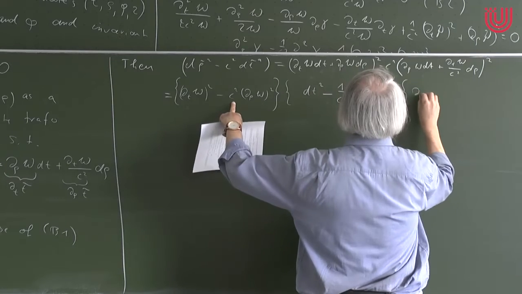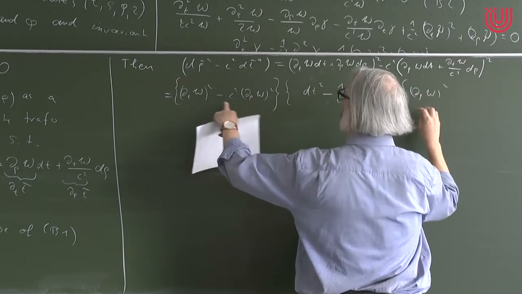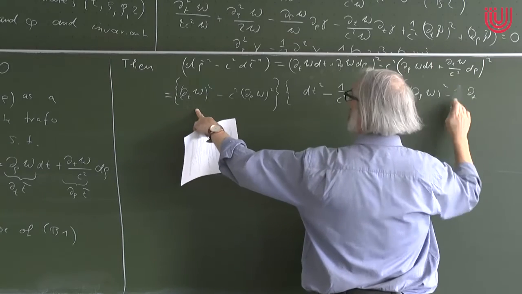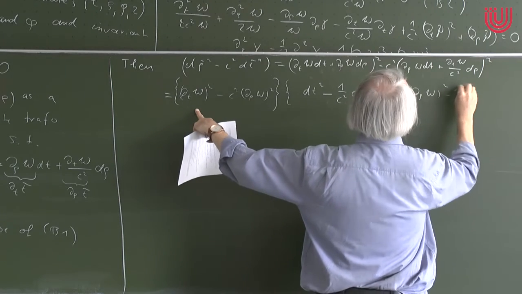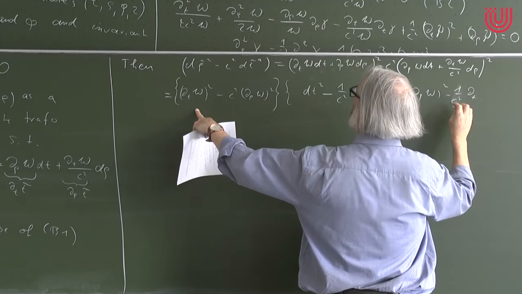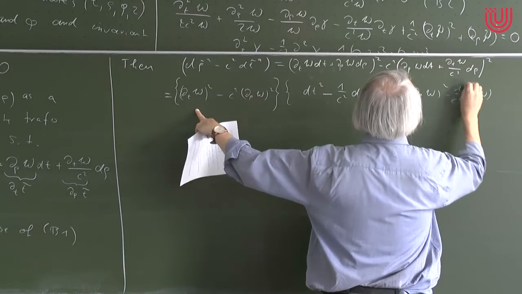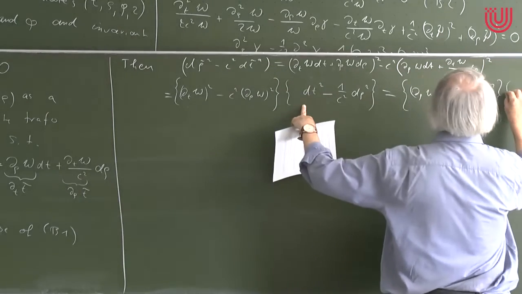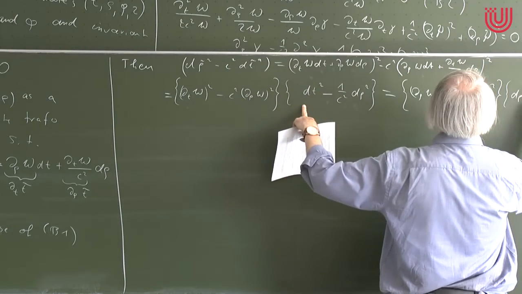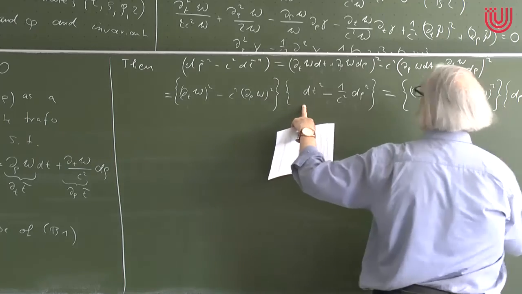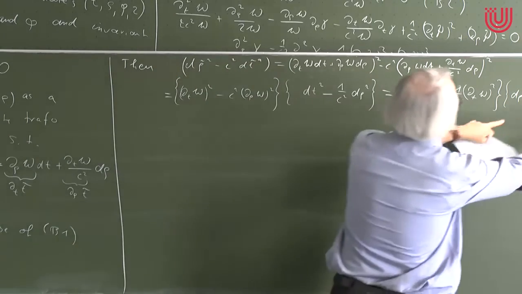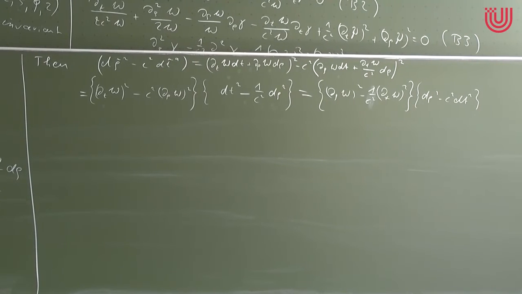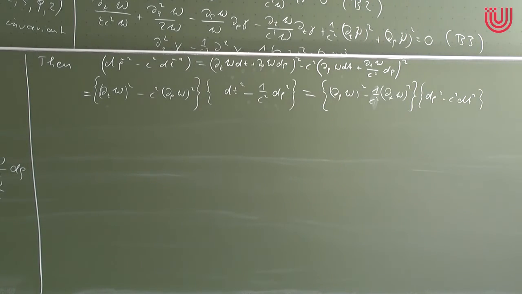Then I get d rho tilde squared minus 1 over c squared dt tilde squared. And here I multiply with minus c squared, then I have d rho squared minus c squared dt squared. That's nicer. So you see here I have this expression, and here I have this expression without the tilde. So that was the transformation behavior I wanted to get.